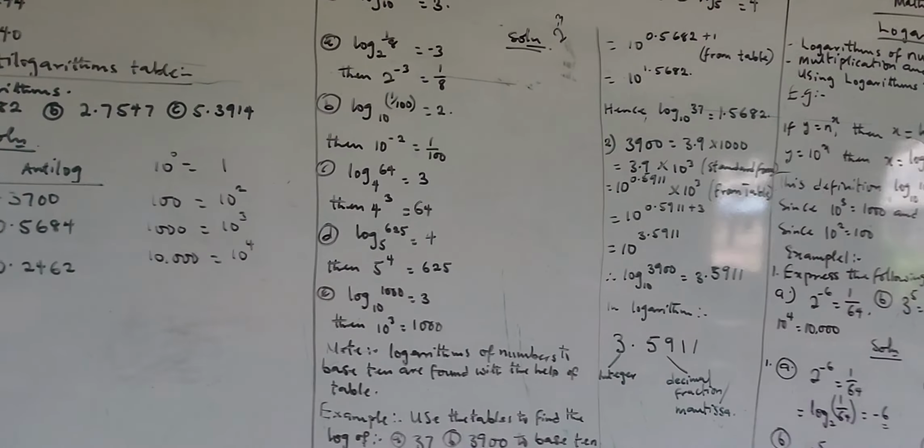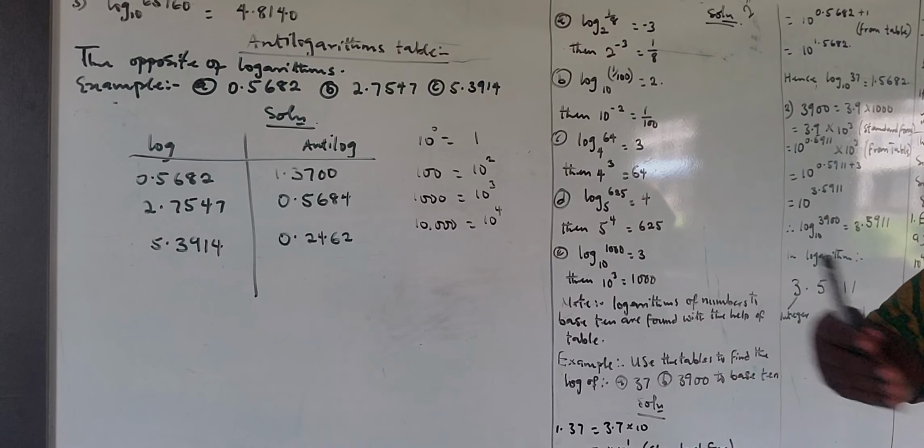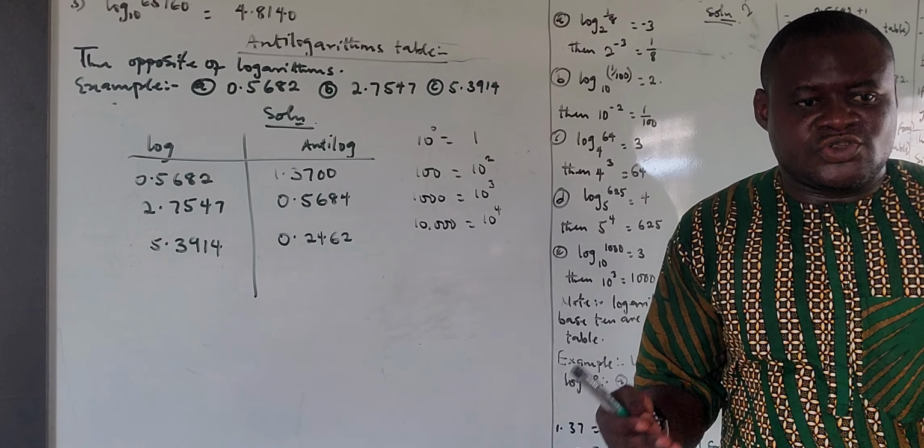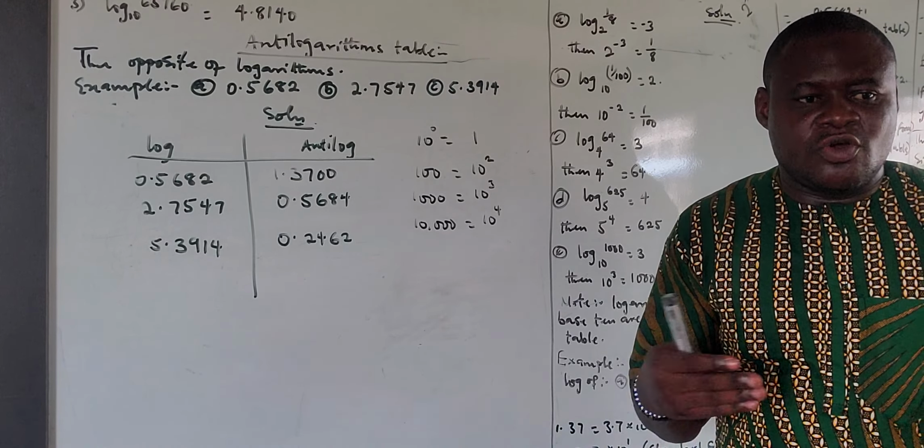Remember in English we have word and opposite. So in mathematics, in logarithm too, we have word and opposite. So after getting the logarithm, we have to look for the opposite of the logarithm.